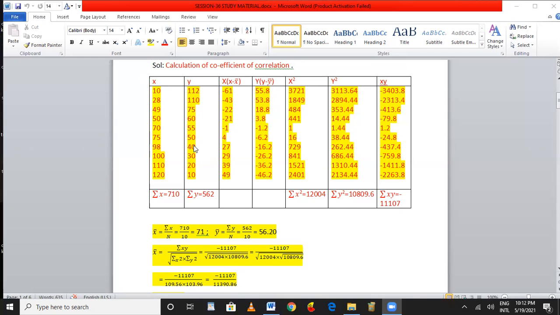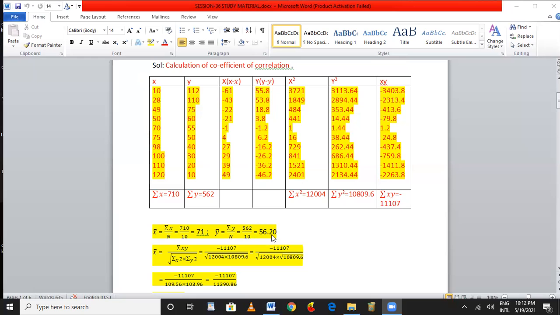The total of the Y series is 562, and the number of items is 10, so Y bar is 56.2. 112 minus 56.2, 55.8. 110 minus 56.2, 53.8. 75 minus 56.2, 18.8. 60 minus 56.2, 3.8. 55 minus 56.2, minus 1.2. 50 minus 56.2, minus 6.2.